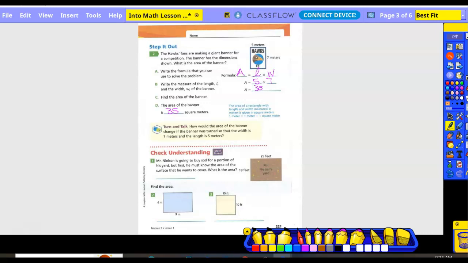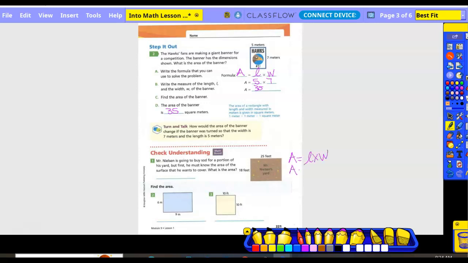Understanding number 1. Mr. Nielsen is going to buy sod for a portion of his yard, but first he must know the area of the surface that he wants to cover. What is that area? So first of all, like I told you, we're going to start with a formula. So what is our formula? What did we say, guys? Area equals length times width.